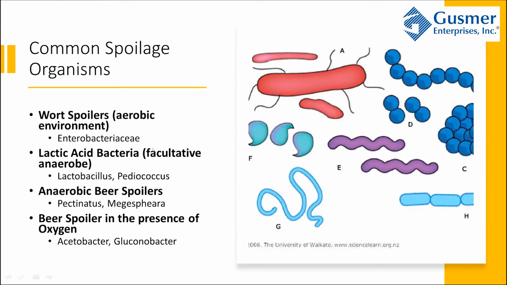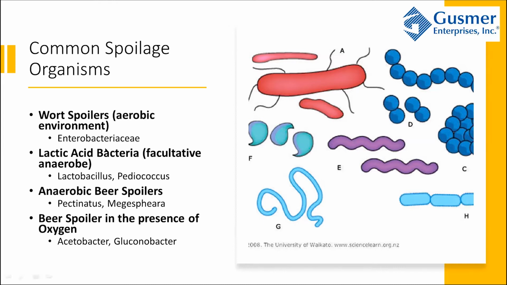So first I wanted to tell you about some common spoilage organisms that are found in the brewery. First we have wort spoilers, and these are aerobic guys that fall into the family of Enterobacteriaceae.